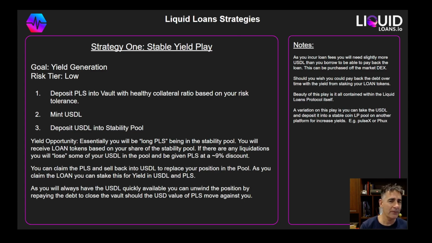Now, a slight variation on this one, where we could seek a higher form of yield than what the stability pool offers us. What that means is we've got to venture outside the protocol. So we've got to look at other protocols in the ecosystem, and PulseX or Fux protocol is one that we could look at. So how would that look?